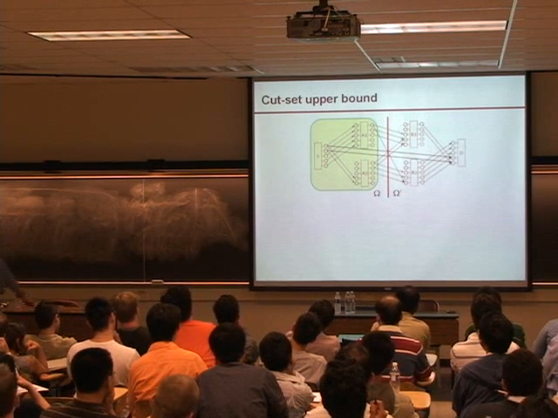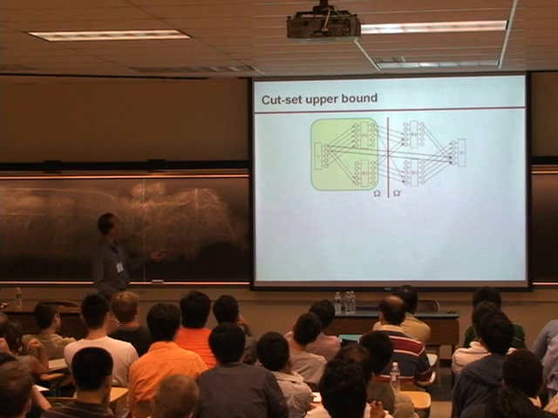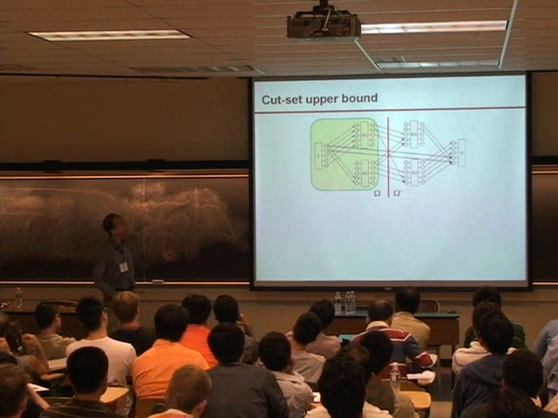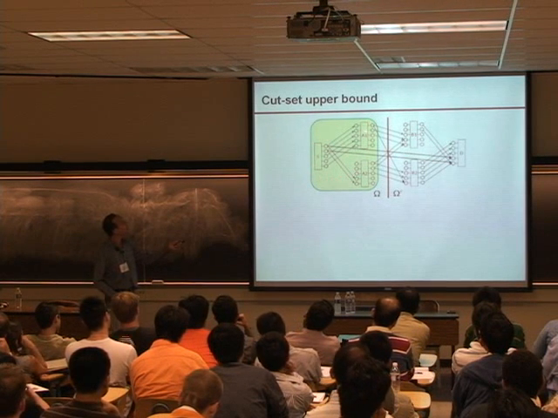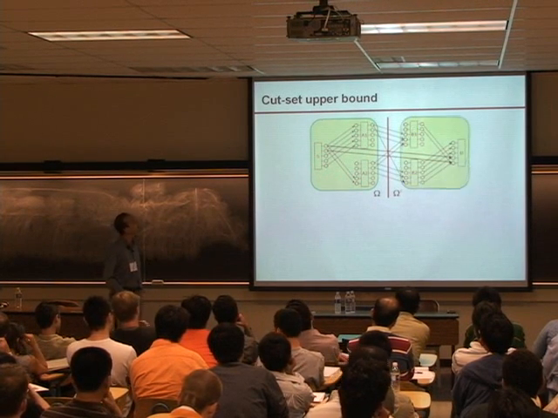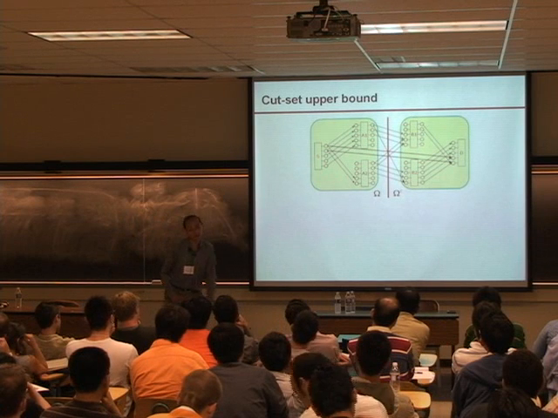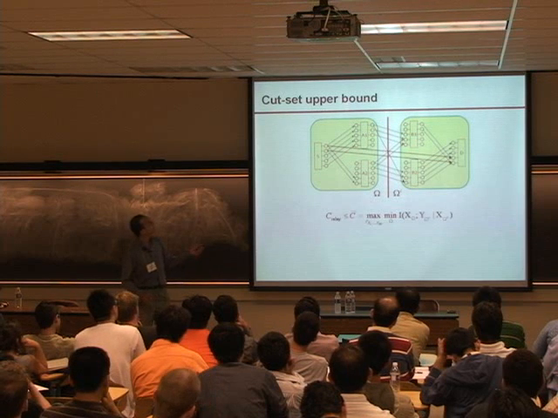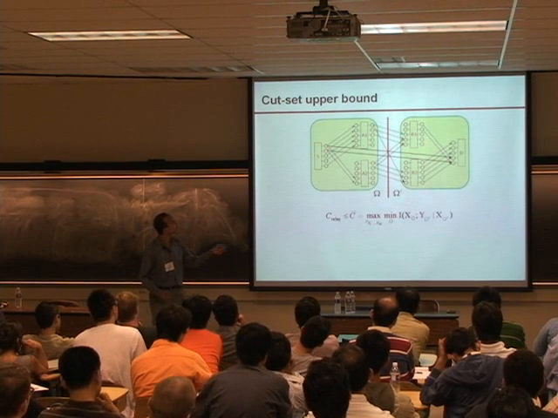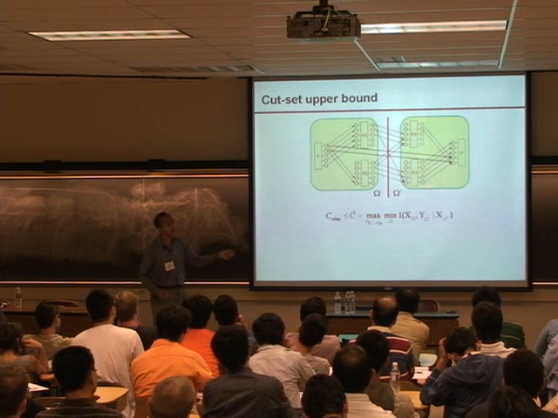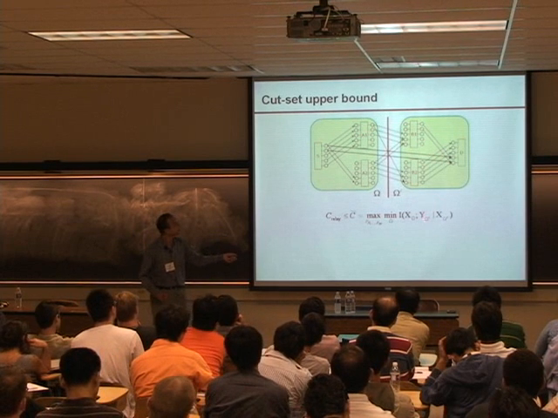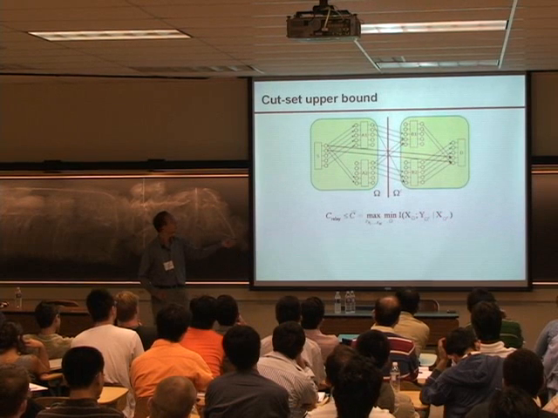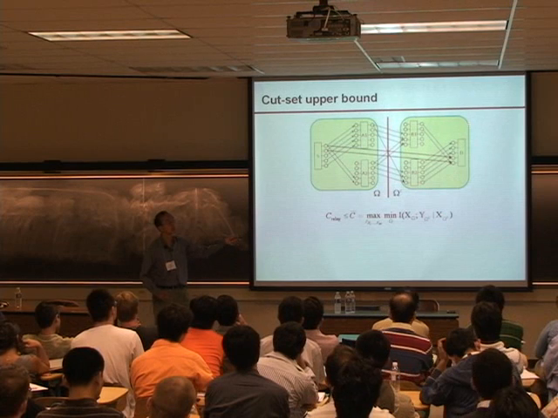The cutset upper bound is essentially thinking of the left-hand nodes as forming a gigantic multiple antenna transmitter, where the transmitter is grouping together all the nodes, and a multiple antenna receiver, where the receiver is grouping all the nodes, and calculating the mutual information between the input and the output, conditional, very important, conditional on the input, the signal you send on the right-hand side.